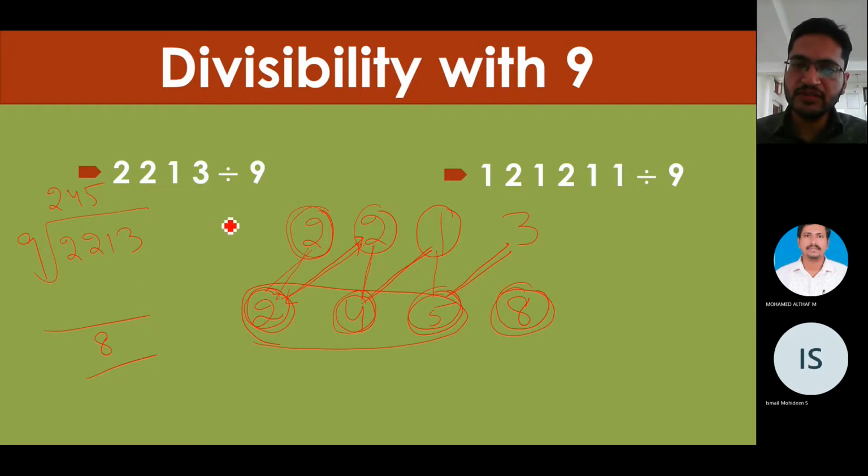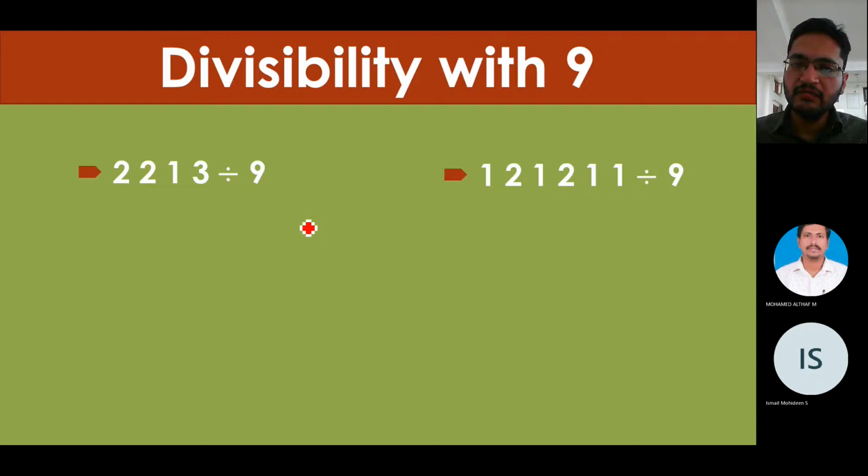I am doing one more question. 121211. So this is the divisibility rule for 9. First of all, I will write this number as it is, and in the next step I will add this number with here. It is 3. 1 plus 2, that is 3. Now I will add 3 in 1. I will get 4.